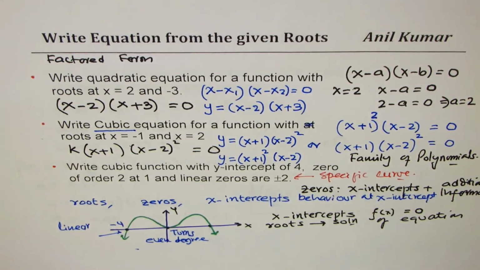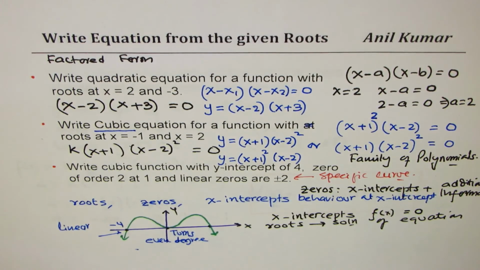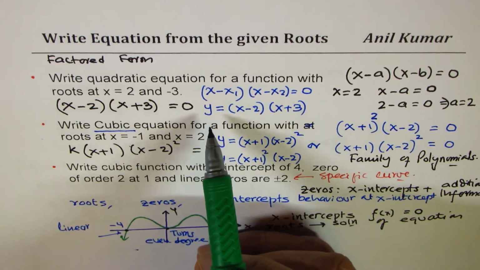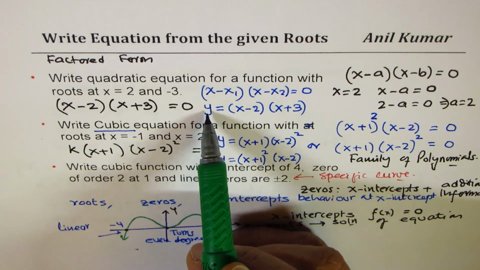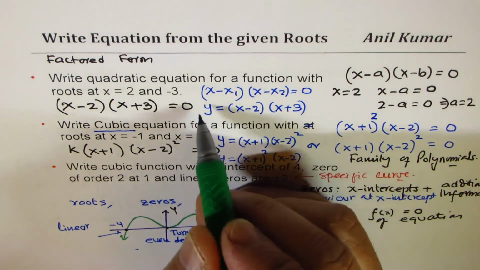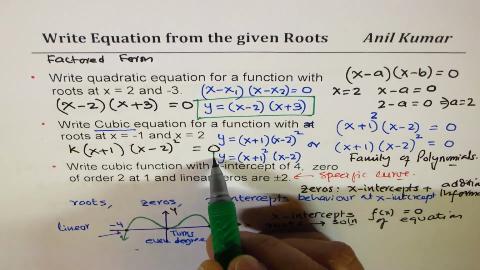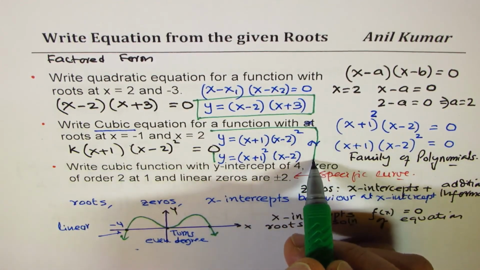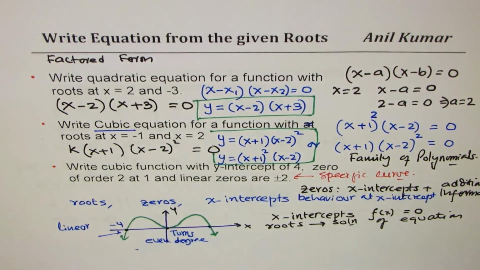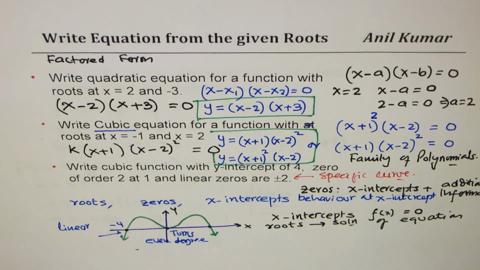Okay, so that is what it means. So writing an equation will be relating the independent variable with the dependent variable as shown here. Is it clear, right?